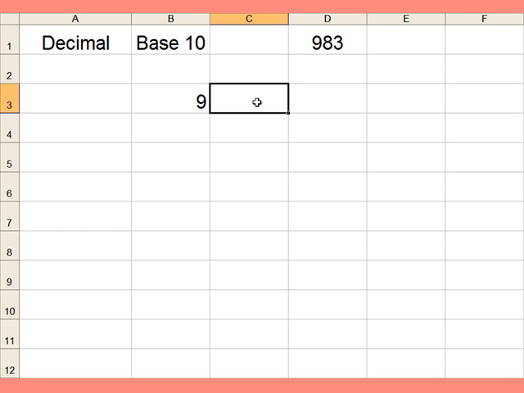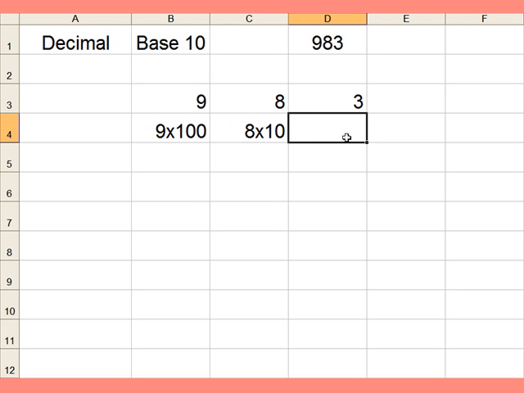I'll start by breaking the number into its digits, or its component parts, and think about what each one means. Well, we know that 9 in the third place is 9 times 100, and this is 8 times 10, and this is 3 times 1 to make 983.